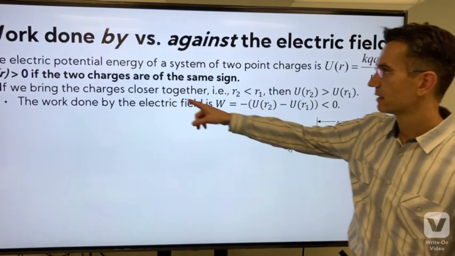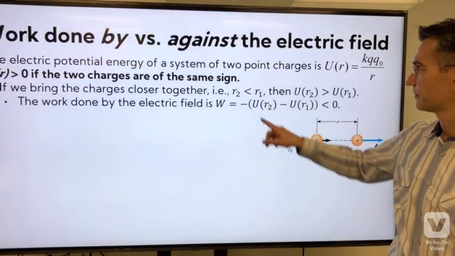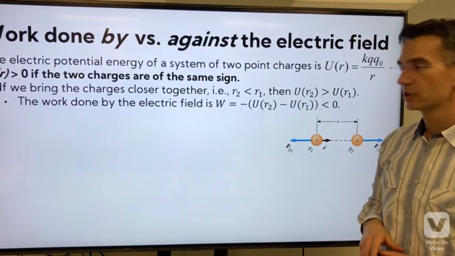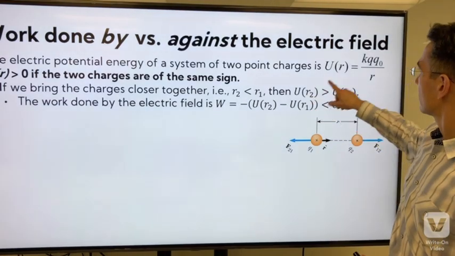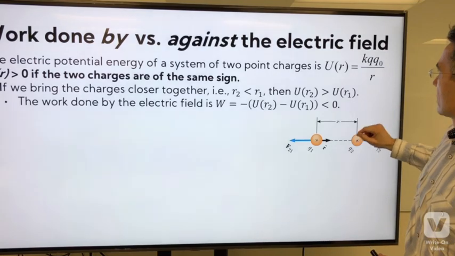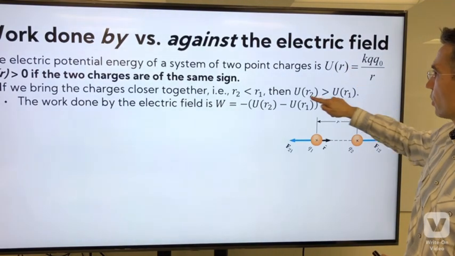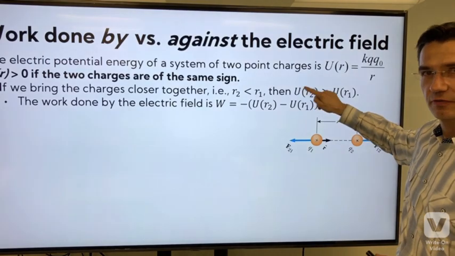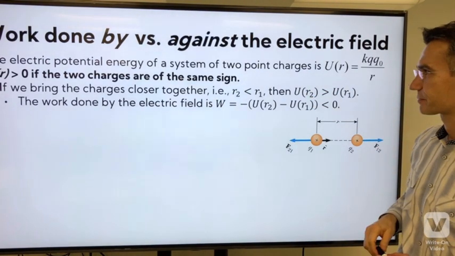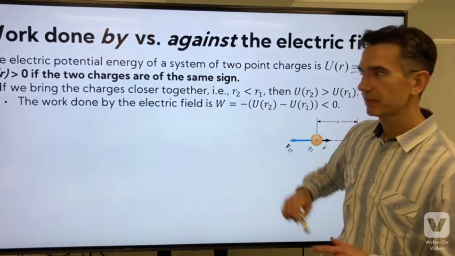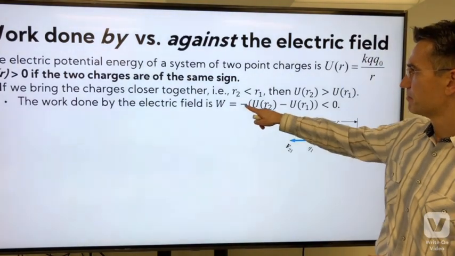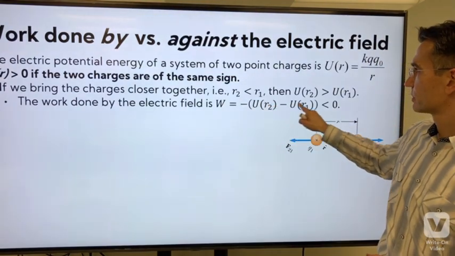If we're bringing the charges closer together, so the final distance is smaller than the initial one, then, according to this, when r becomes smaller, the electric potential energy increases, so the electric potential energy of the final configuration is greater. So then the work done by the electric field is, again, minus (U(r2) minus U(r1)).